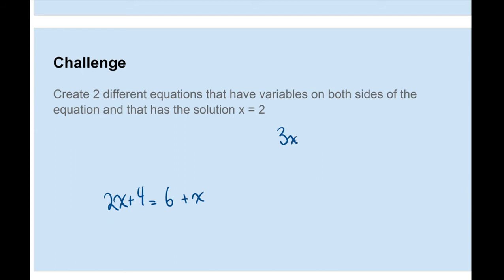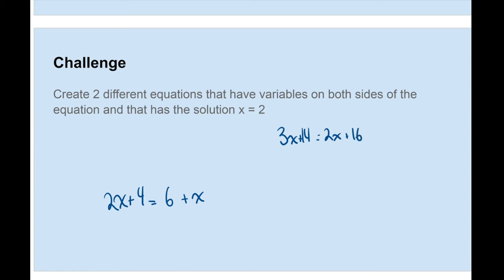Say we have 3x plus 14 equals 2x. So if it's 3 times 2, 3 times 2 is 6, plus 14 is 20. 2 times 2 is 4. We would have to add 16 to make it work, to equal 20.